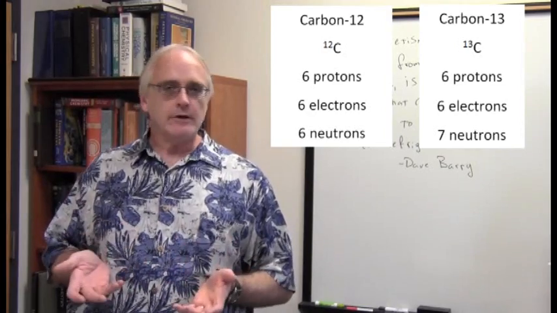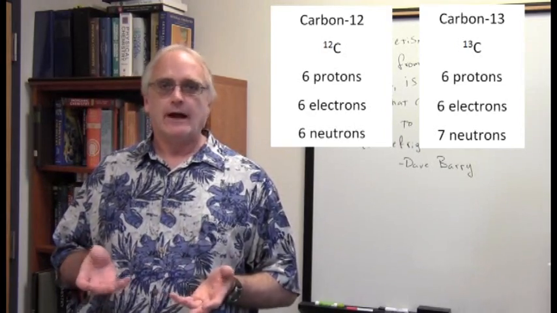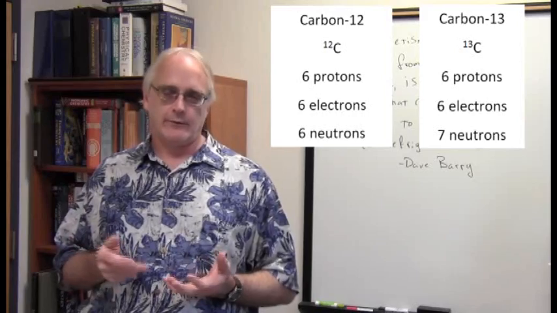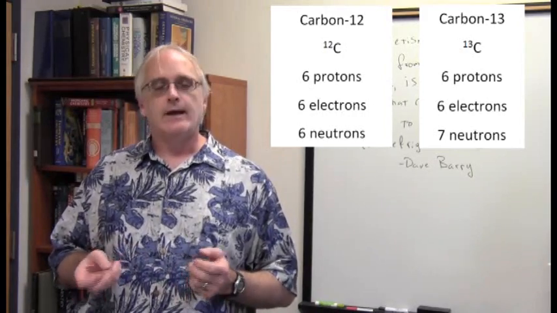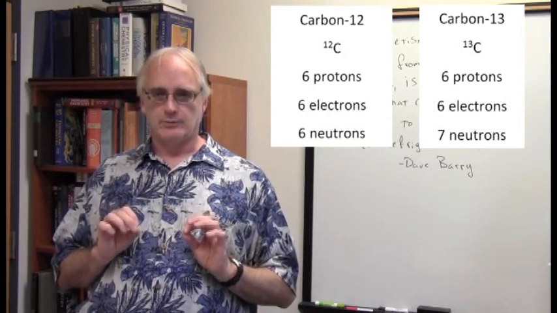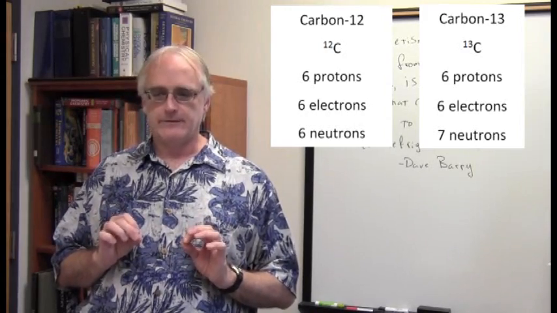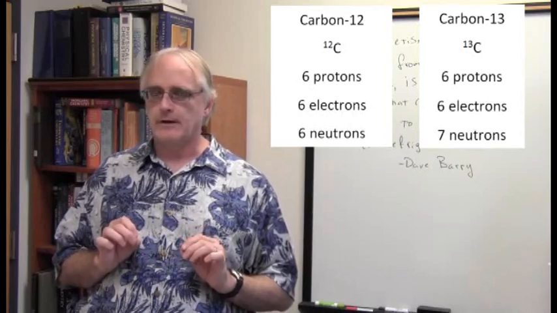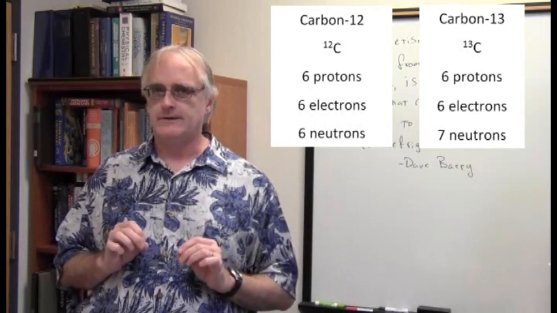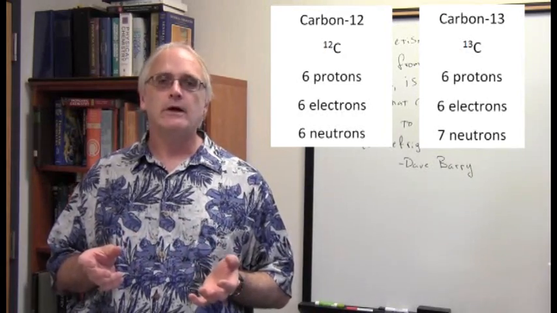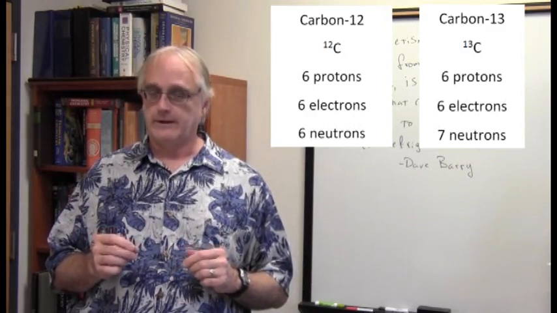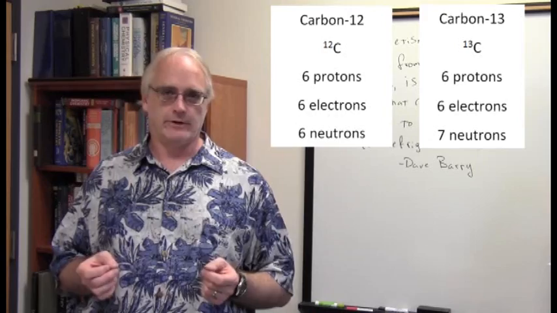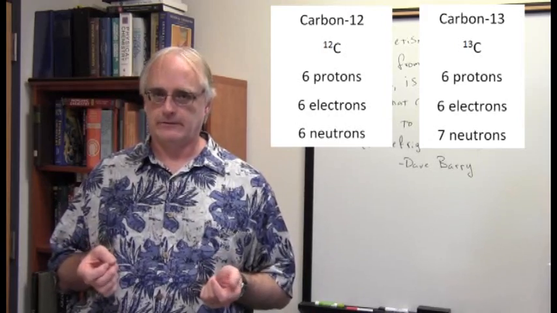Now, chemically, remember, isotopes are identical to each other. What any chemical reaction carbon-12 does, carbon-13 will do. But nuclear properties, they are very different nuclei. We don't normally think about the various isotopes often in chemistry, because in chemistry, it's the interaction of the electrons, the electron clouds, that we're most focused on, and these two versions of carbon have the same electron structure.